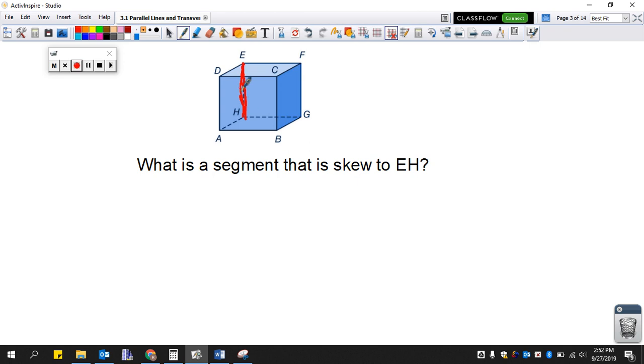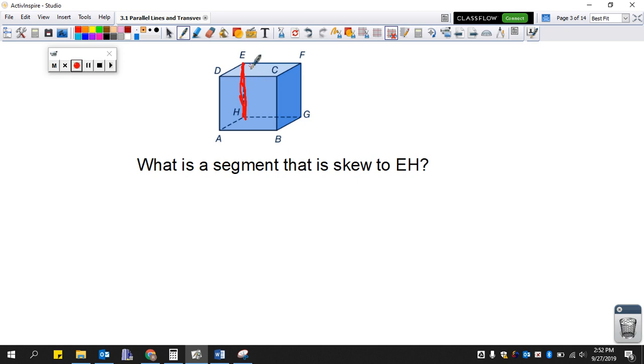So skew, remember, means that they're not coplanar. So they're not going to be on this back side or on the left side. Also not going to be on the bottom or on the top.